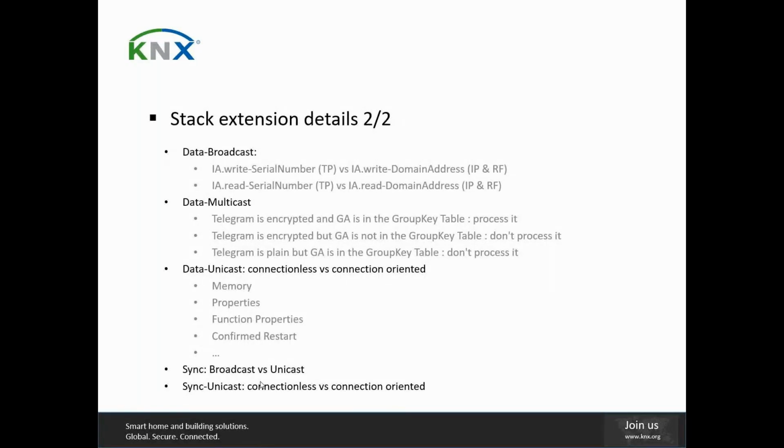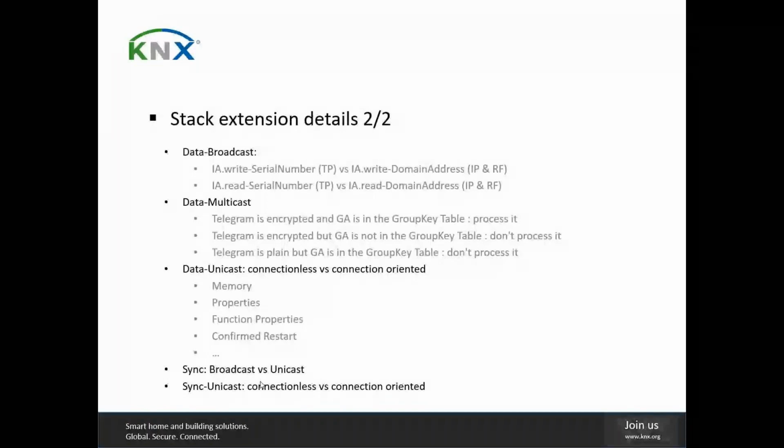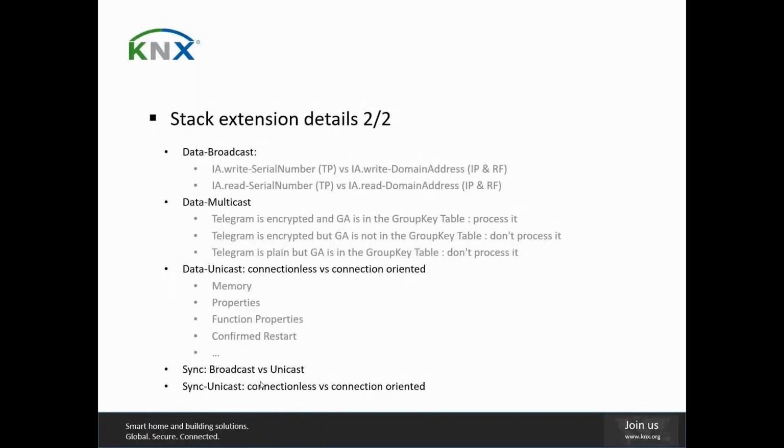So for twisted pair devices, this is done by means of a service called IA write via the serial number of the device, and reading is also the same, IA read serial number.